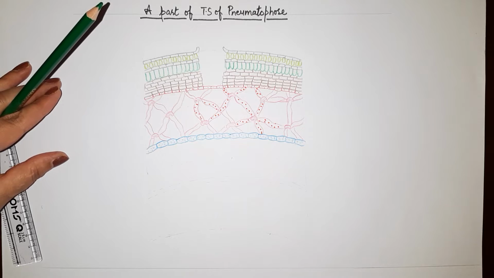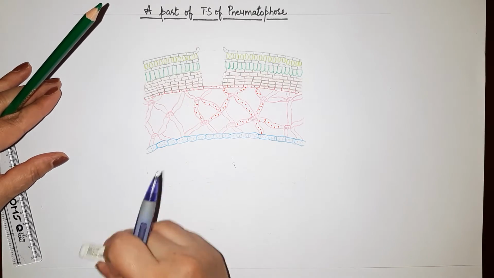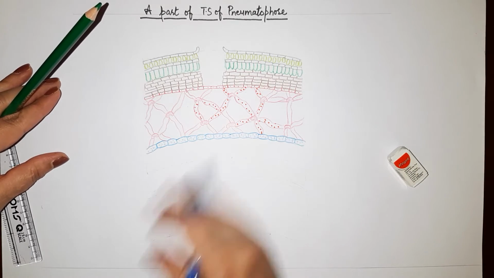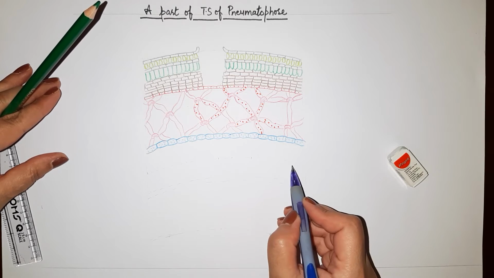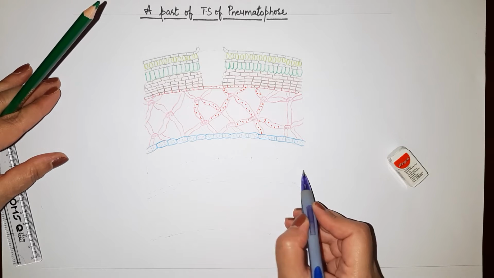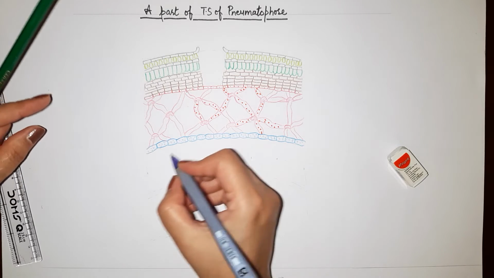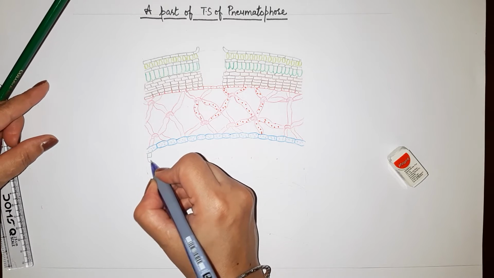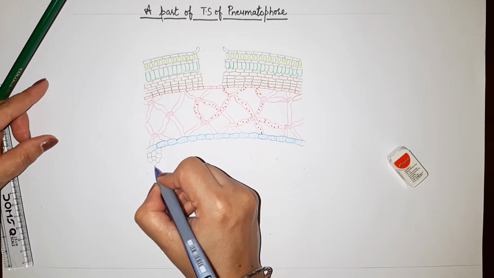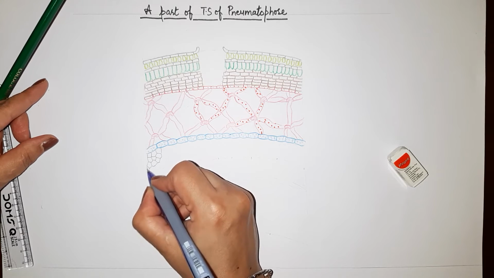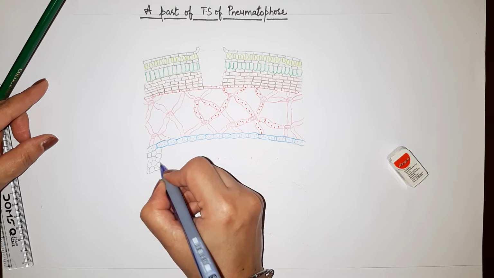For example, we are going to show 3 bundles here, as many patches of sclerenchyma as we are going to show the primary xylem. Okay. So you will make polygonal cells in this area. All cells are polygonal.